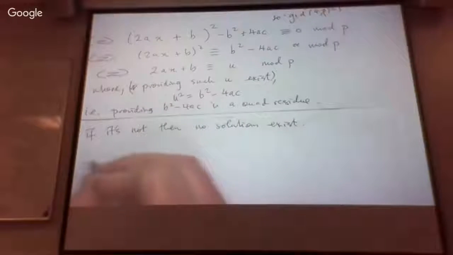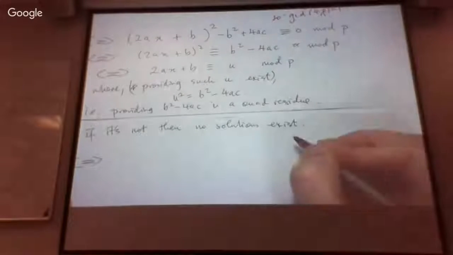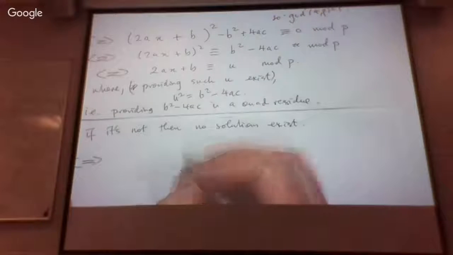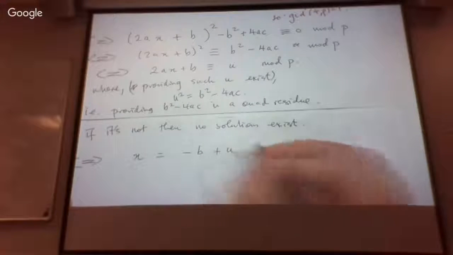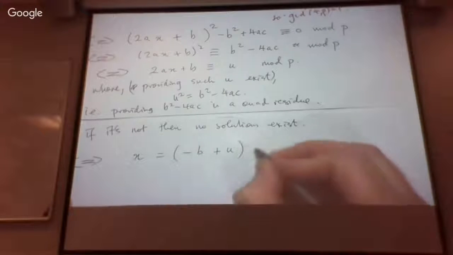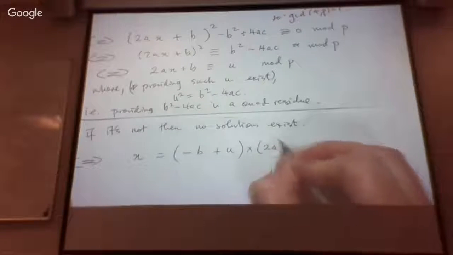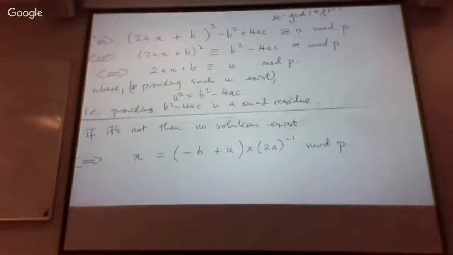So then the thing will be equivalent to, providing the u exists, you can then make x the subject of this equation. x will be minus b plus u, and all of that multiplied by the inverse of 2a modulo p. So it's just completing the manipulation to make x the subject.